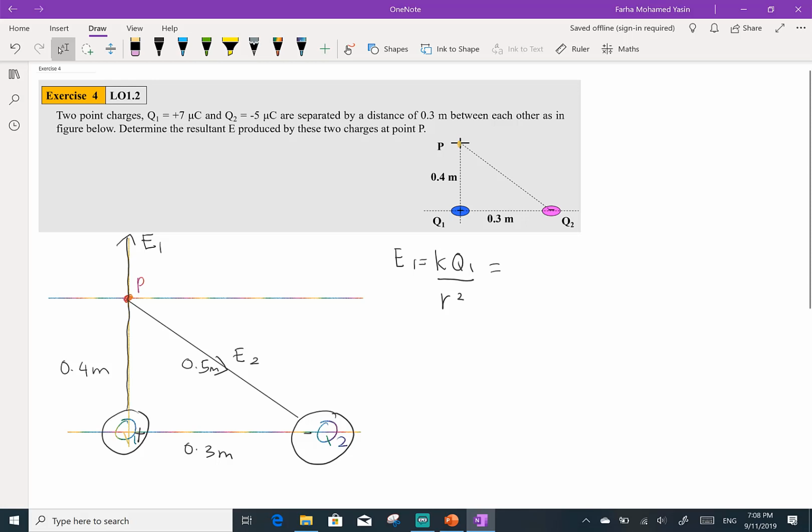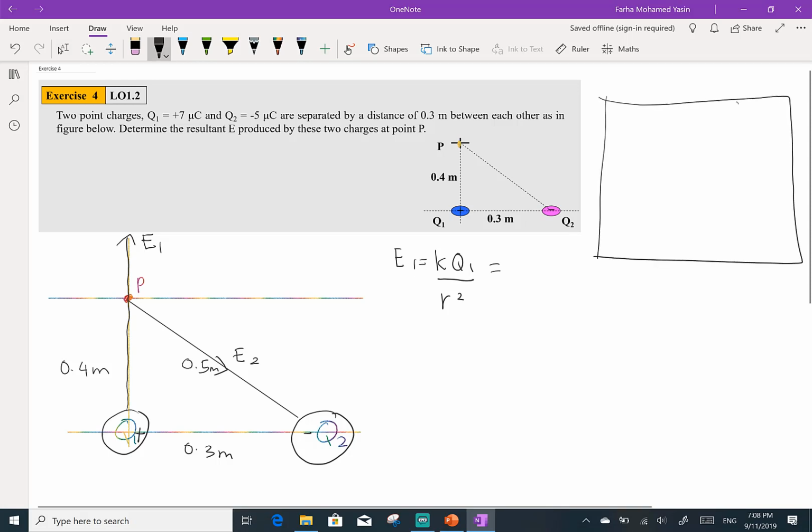Kita boleh lukiskan box untuk memudahkan kita mengira, dan kita asingkan E1 dan E2 into X and Y component.